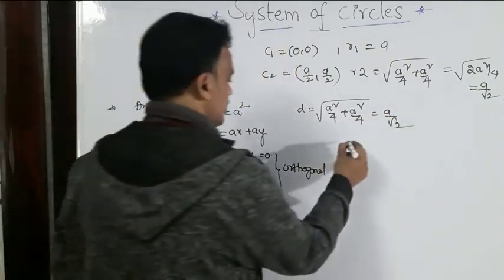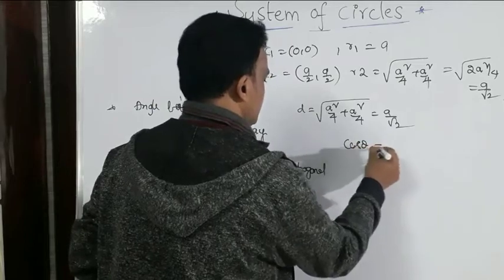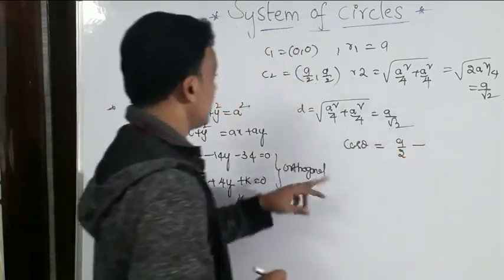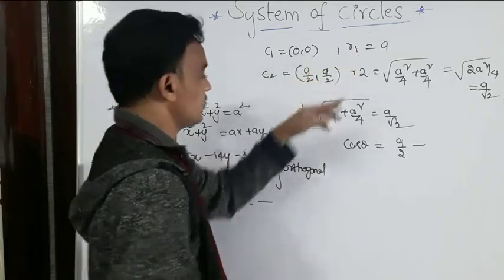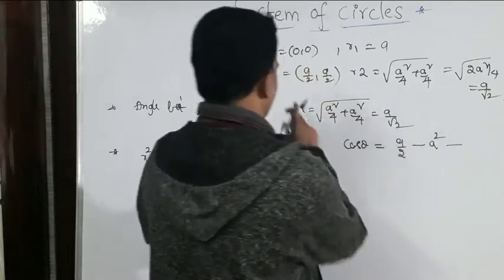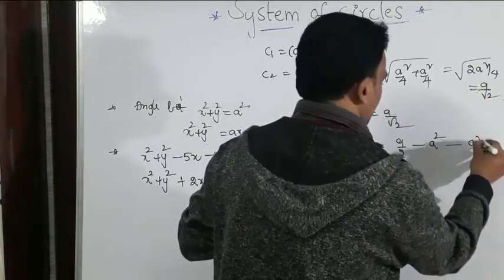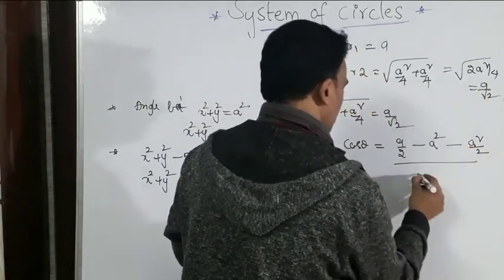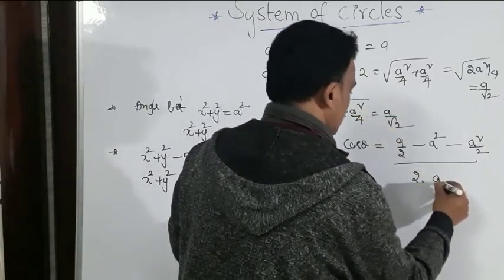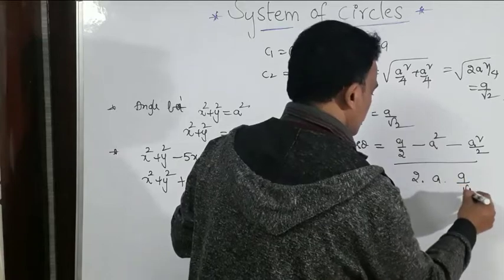Again you can use the same formula: cos theta is equal to d square, which is a square by 2, minus r1 square. Yes, what is r1 square? It is a square, minus r2 square. What is r2 square? A square by 2, divided by 2 into r1 into r2. r1 is a, r2 is a by root 2.